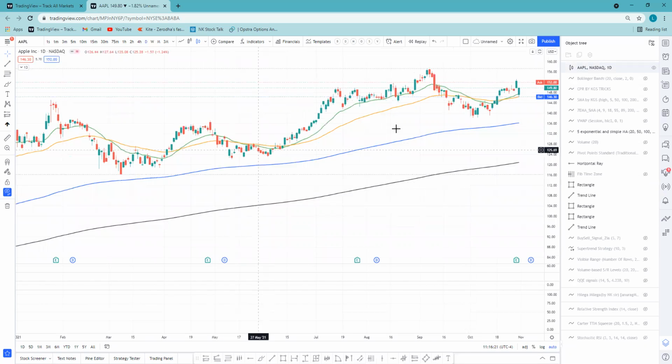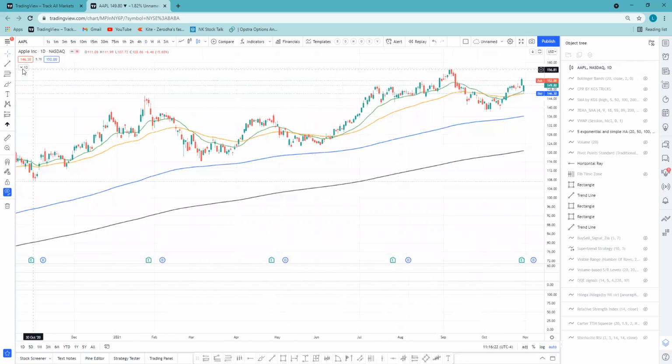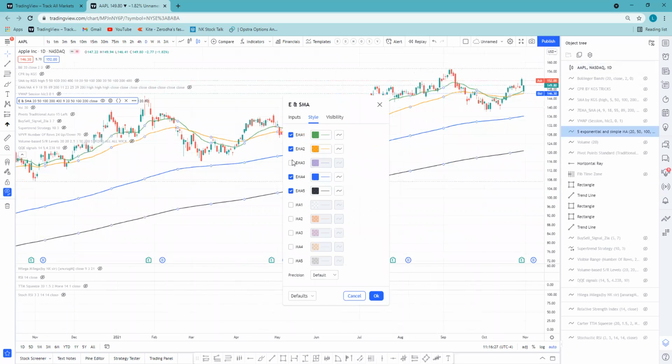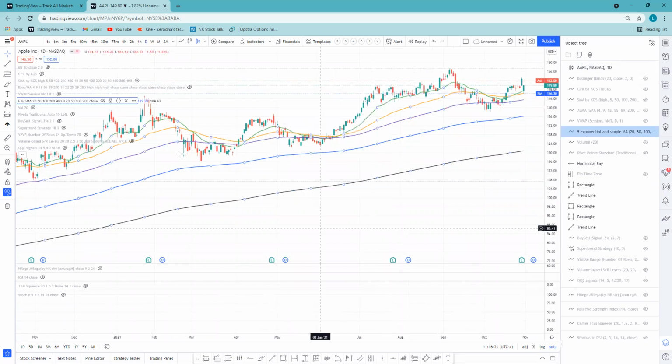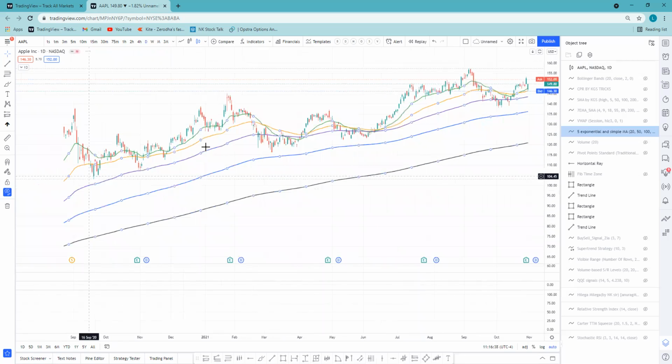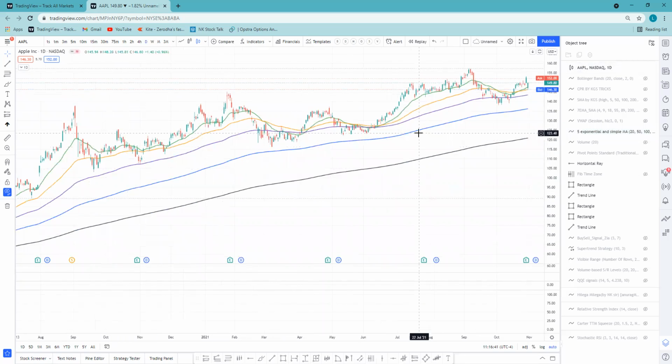Let me put on the 100, the blue one. This one doesn't follow the 100 either, right? So that means the 200. The standard for this one will be the 200 because it's Apple, a good stock, a good company. It doesn't follow the 20, 50, 100 rules.